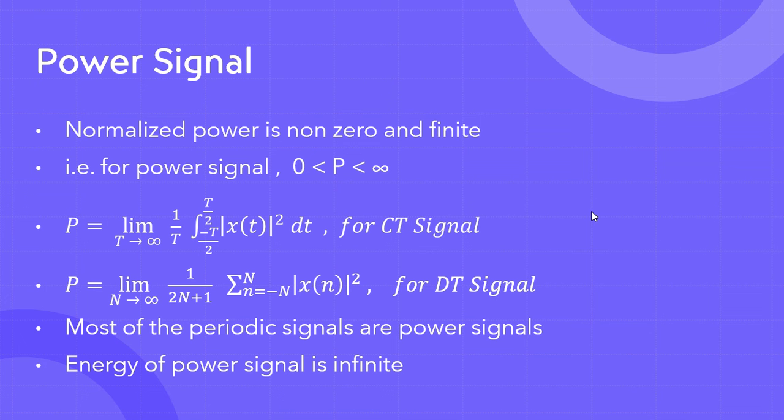Before I explain the equation, let me tell you what power is. Power is generally the time average of the energy. Now, the integral of x(t) from minus T by 2 to T by 2 gives us the area under x(t) between minus T by 2 and T by 2.